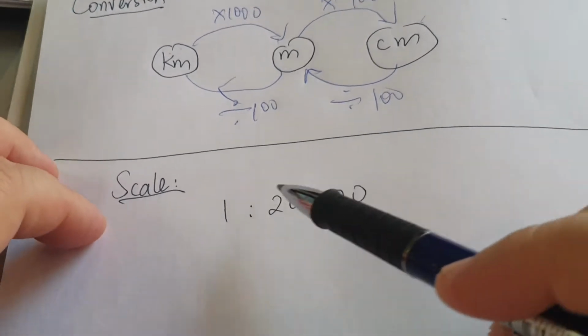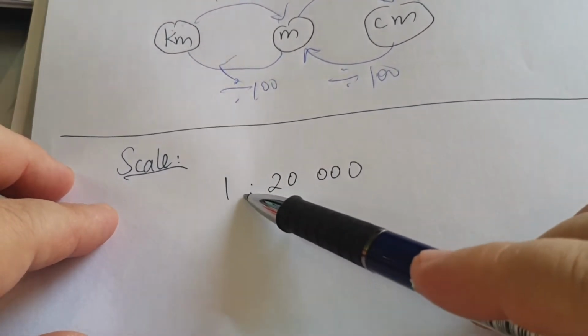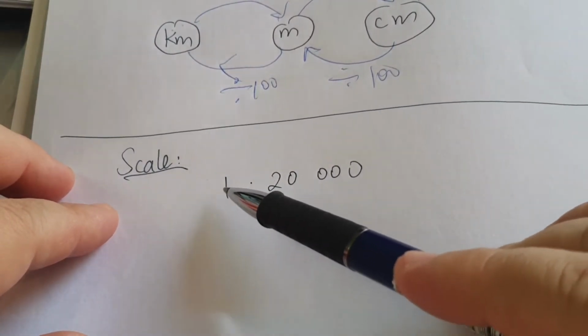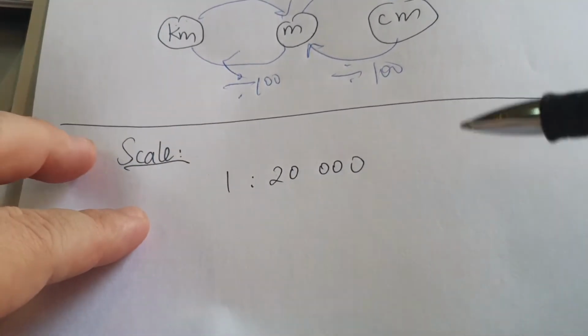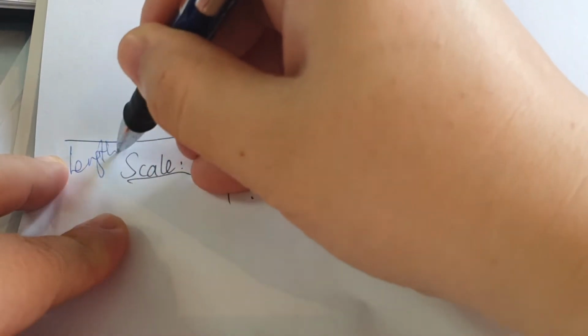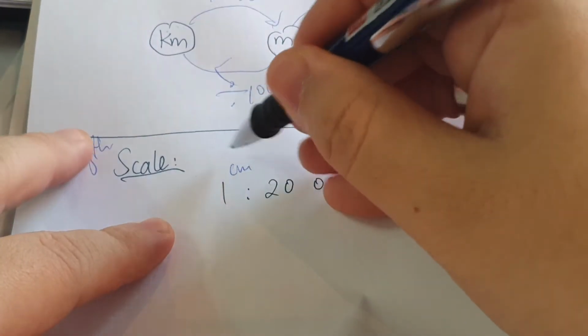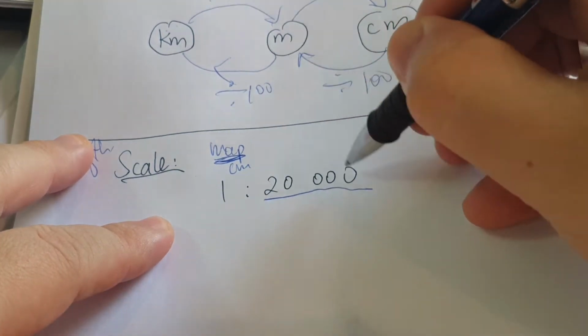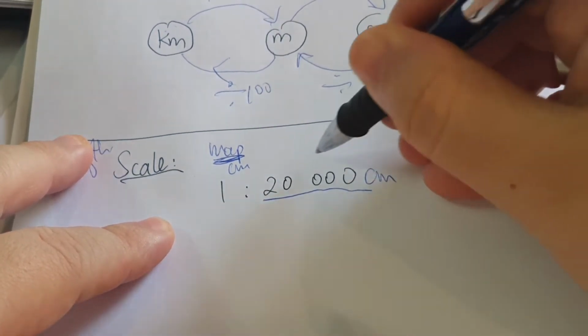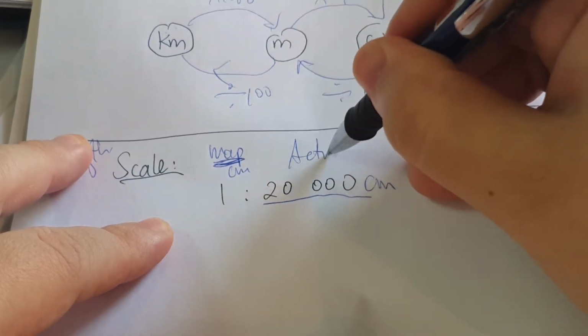Alright, and when we talk about the scale, let's say you're given 1 to this number, the ratio of this is to this, right? It is what we call the linear scale or the length scale, meaning 1 cm on your map is 20,000 cm on your actual ground.